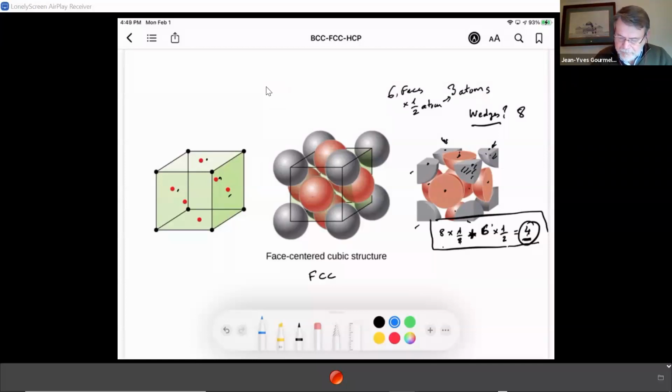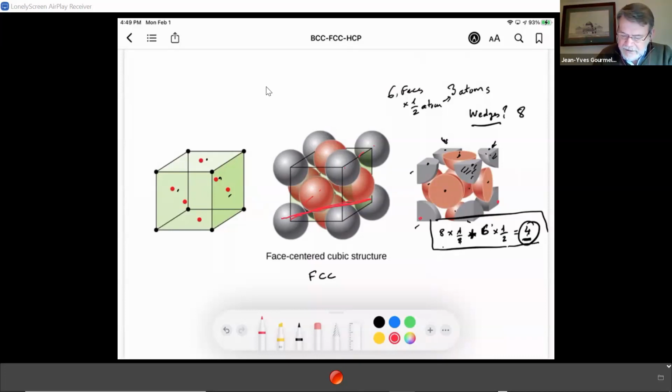You see the face diagonal here? All those atoms are touching on the face diagonal. This is called the face diagonal, right there in red.